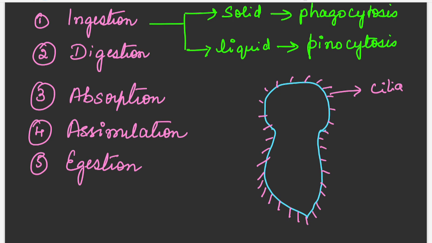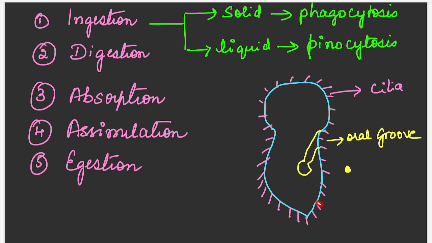Now what happens is, whenever a food particle comes close to the paramecium, a structure will be present which is called the oral groove. Here you can see an oral groove like this.